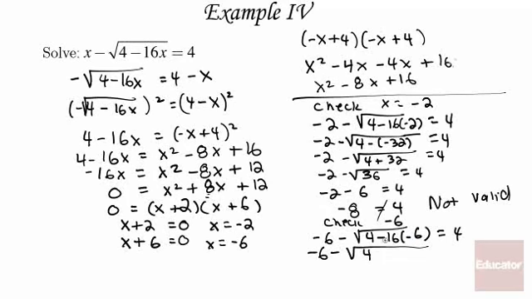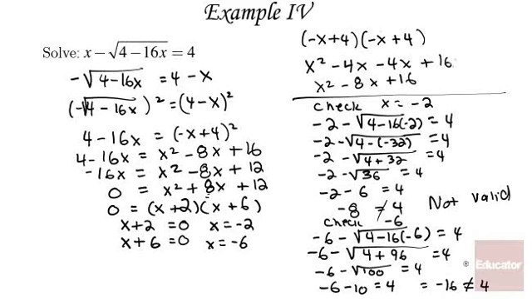But this is a negative outside, so that negative times the negative becomes positive 96. So this is negative 6 minus the square root of 100 equals 4. The square root of 100 is 10, so negative 6 minus 10 equals negative 16, and that does not equal 4. So that is also not a valid solution.